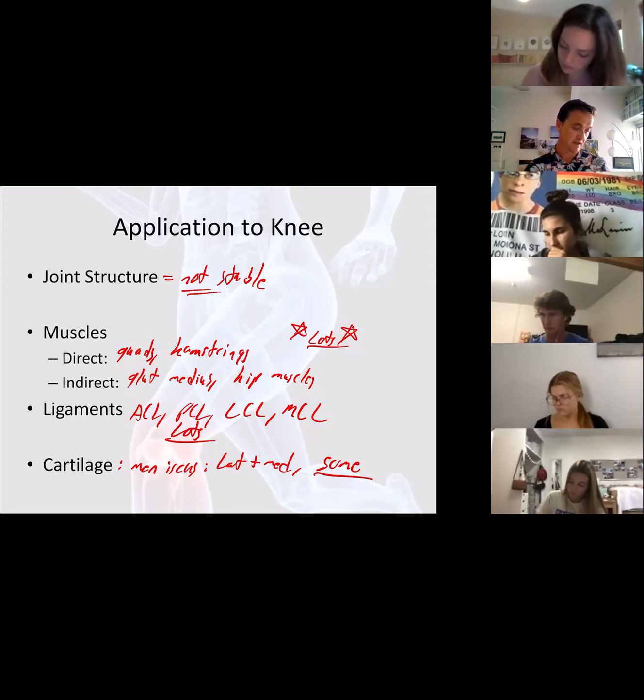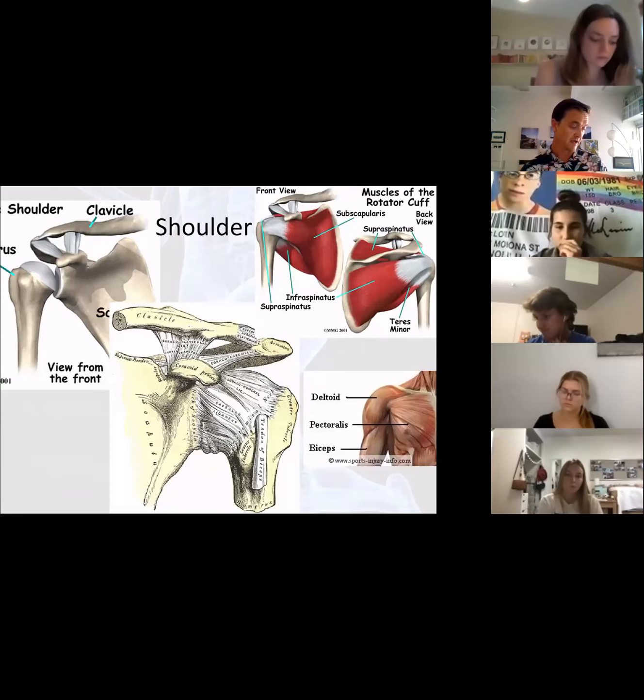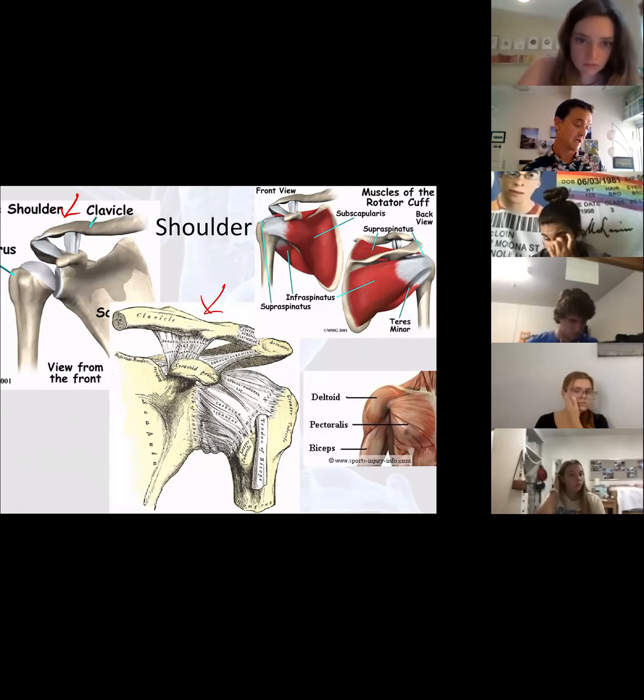All right, so here's what I'd like you to do. The next one gets into the shoulder, and I can go back to that slide in a second, but I just wanted to introduce this here. For the shoulder, I'd like you to use this image here, and maybe what you know, to talk about the ligamentous structure.